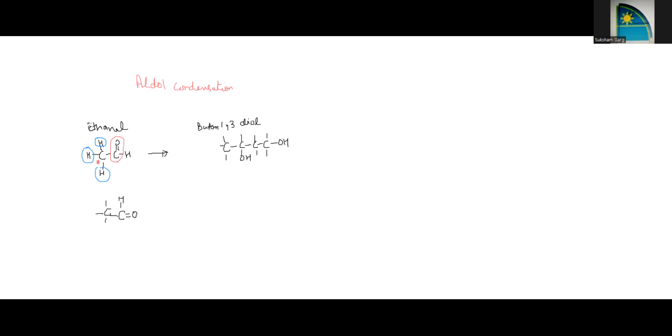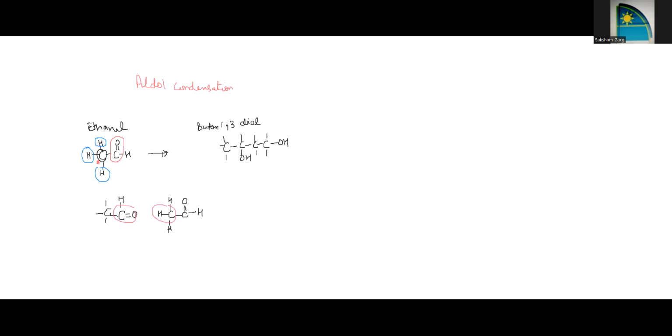Another also we are going to write ethanal, but this time we are going to align it so that its alpha carbon points towards this way. I've just written two molecules of ethanal only. First molecule's carbonyl group and second molecule's alpha hydrogen are pointing towards each other.